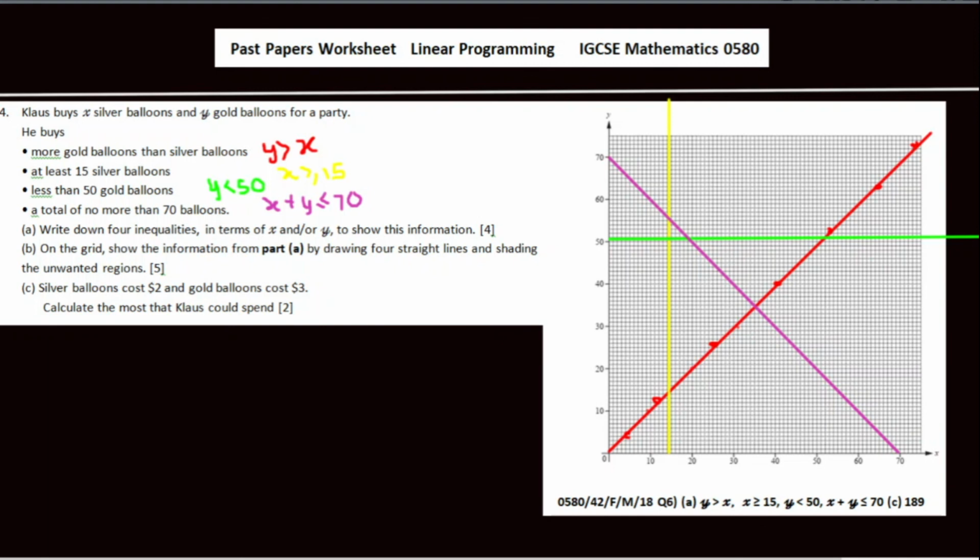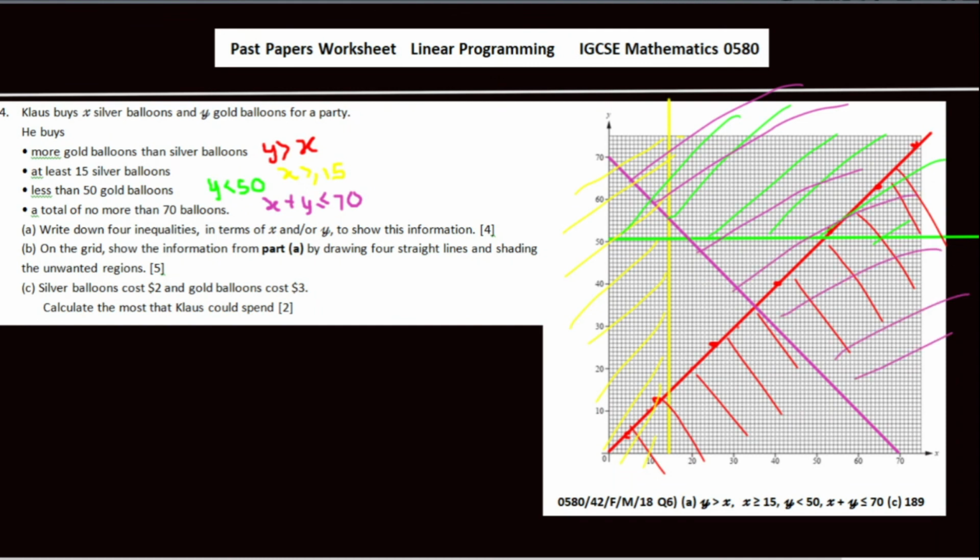Okay, now I'll reject the regions that are not wanted. It's X is greater than Y, so I'll reject this region. Then it's X greater than or equal to 15, so that means I reject this region. Then for the green line, it's Y is less than 50, so I reject the region which is greater than 50. And then for the purple line, I reject the region which is greater than.